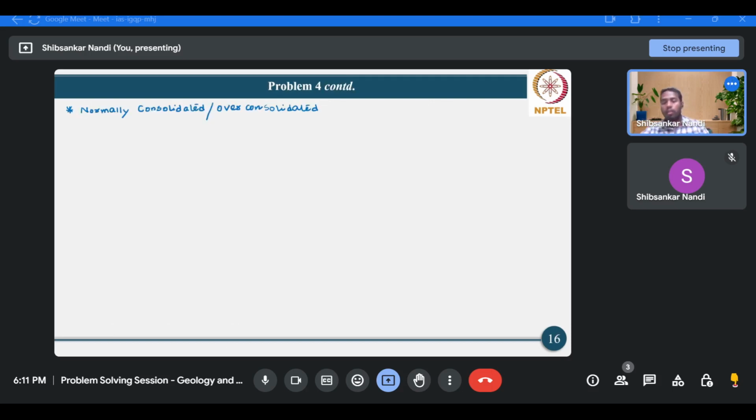I hope that by this time you know the definition of normally consolidated and over consolidated, because the calculation of primary consolidation settlement will be very much dependent on the type of soil. Okay, so that we will see.